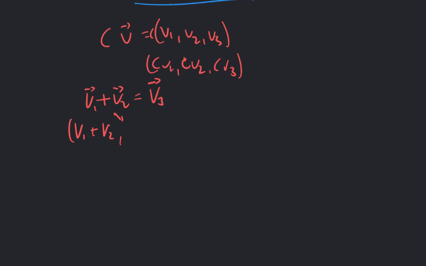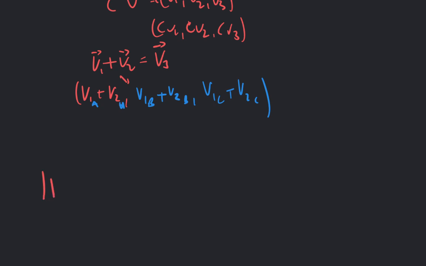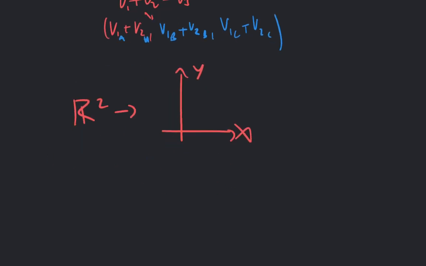a vector space. But first I want to say, like, what is a vector space? So a vector space, some examples. So we could have R2, which would be the two-dimensional plane, X and Y. We could have R3, which now extends this to a third dimension.